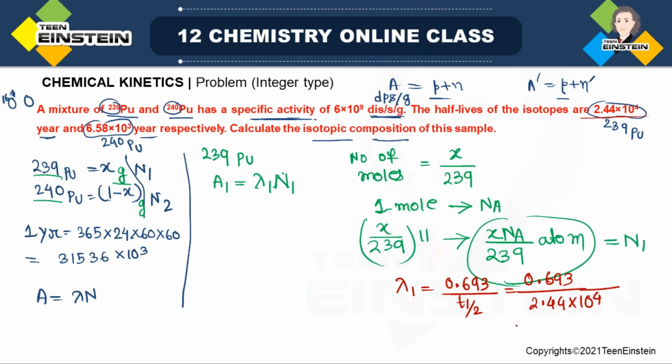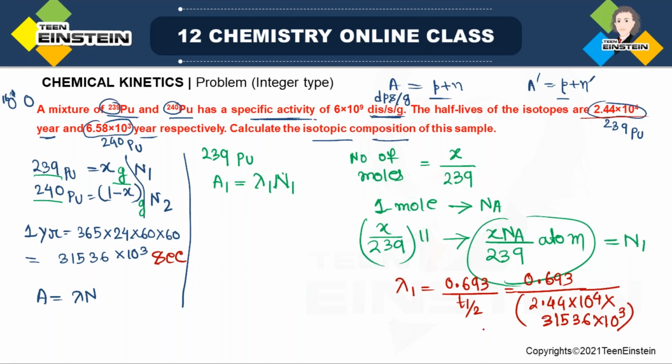But remember, this is in years, and if you want to convert the unit from year to second, you have to multiply by 31536 × 10^3. Okay, so this is the value of lambda 1.